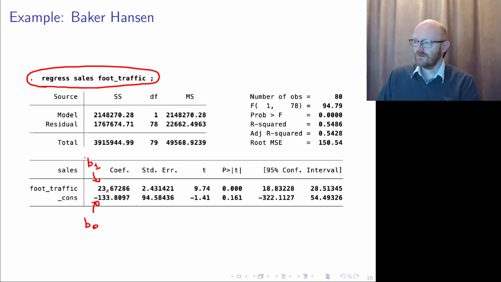So from this output, you get the slope and the intercept, and then you know that the line is positive.